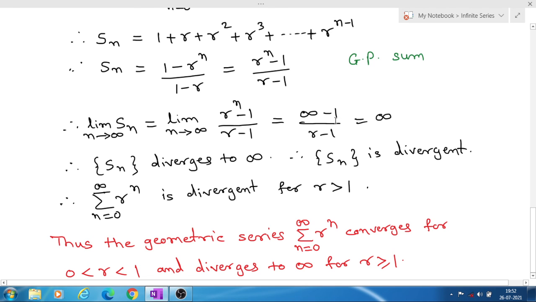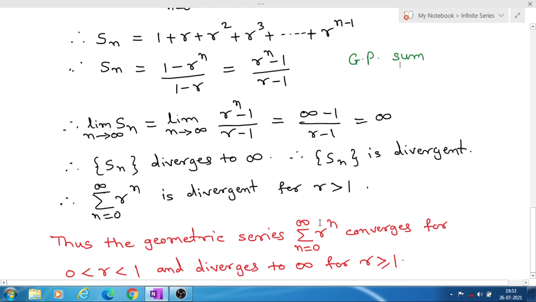Therefore this is infinity minus 1 divided by r minus 1, so this becomes infinity. Therefore the sequence Sn is divergent, it diverges to infinity, and therefore the series summation r raised to n, n equal to 0 to infinity, is also divergent when r is greater than 1.